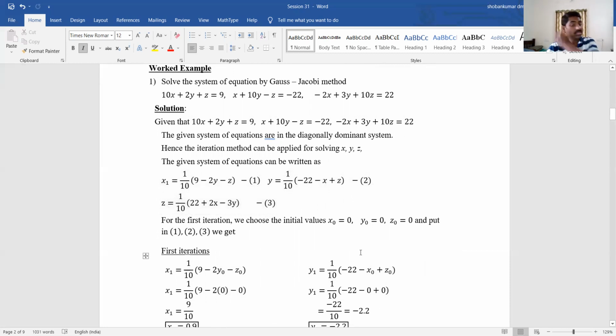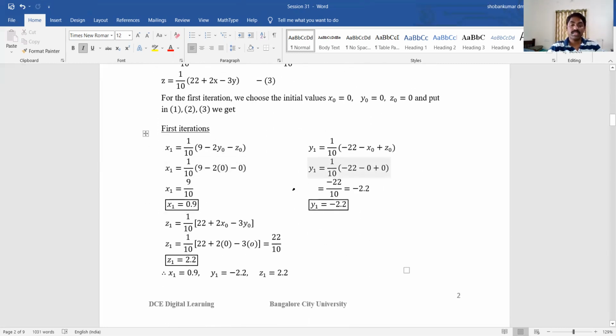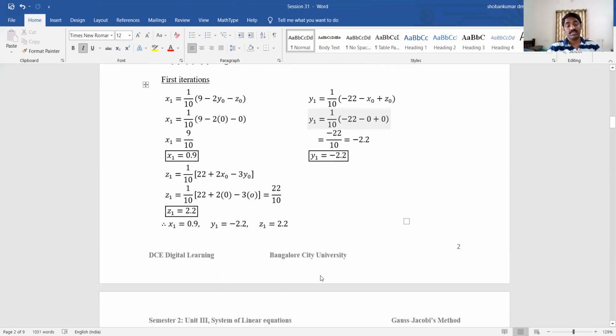Already we chose the initial values x0, y0, z0 as 0. Put them here and simplify. We get x1 = 0.9, y1 = -2.2, and z1 = 2.2. These are the first approximate values of x, y, z.